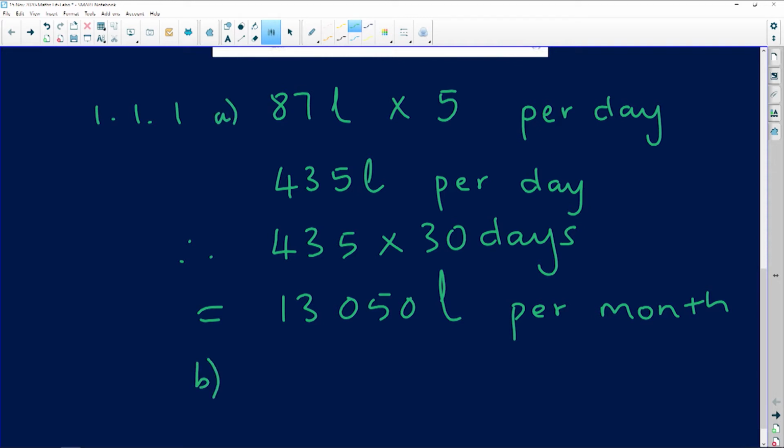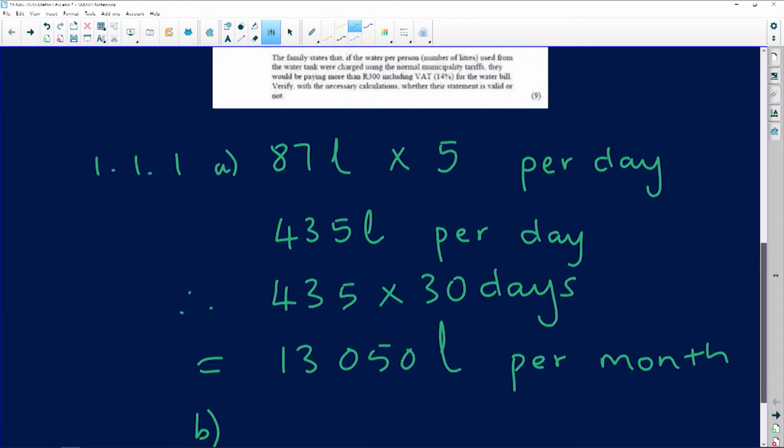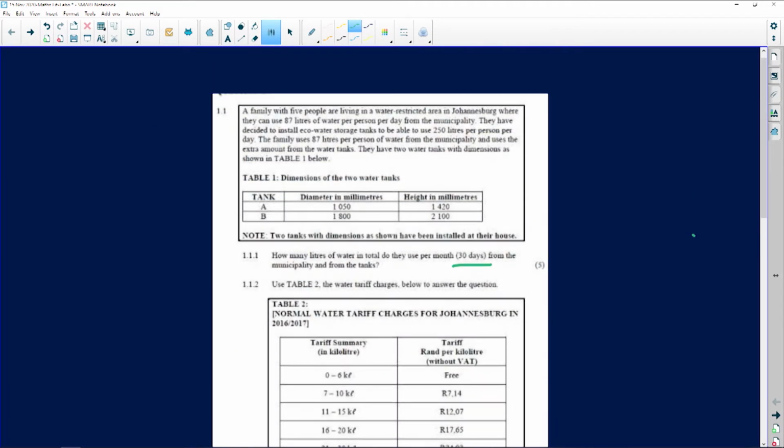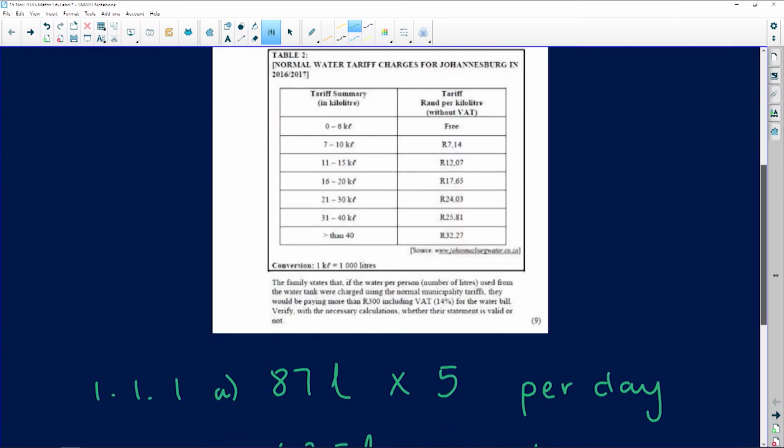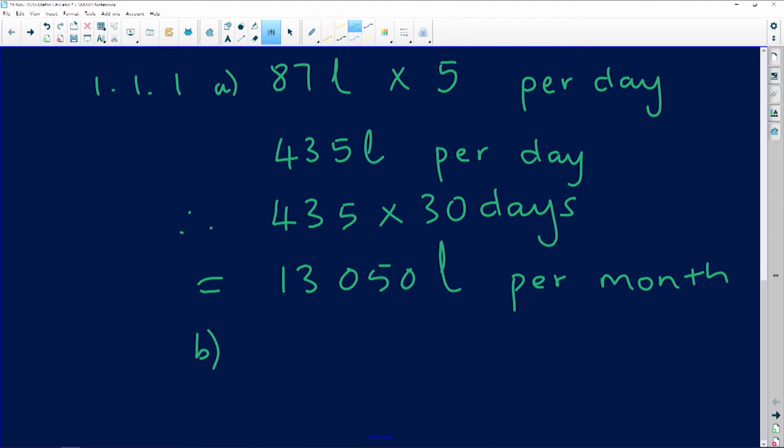We know that this family wants to use 250 liters. But this 250 liters is not going to come from the tanks because they've already used 87. So it's going to be 250 minus that 87, okay? 250 liters minus the 87 liters. Why am I subtracting?